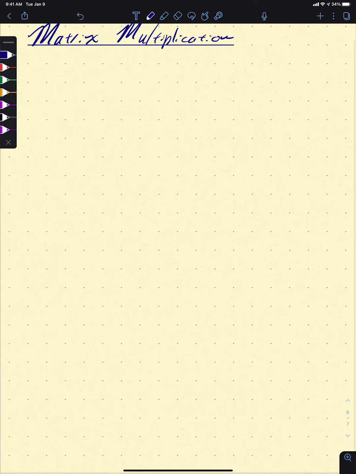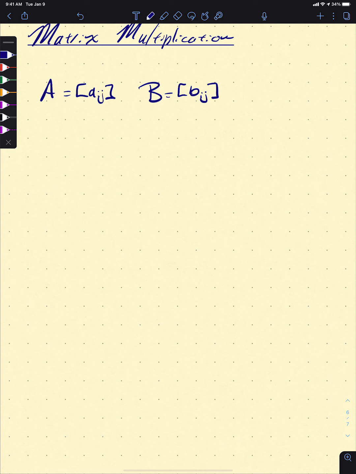Say we have two matrices that we wish to multiply together. We have A equal to some aij's, we have B equal to some bij's. And what size do we need for these to be able to talk to each other?